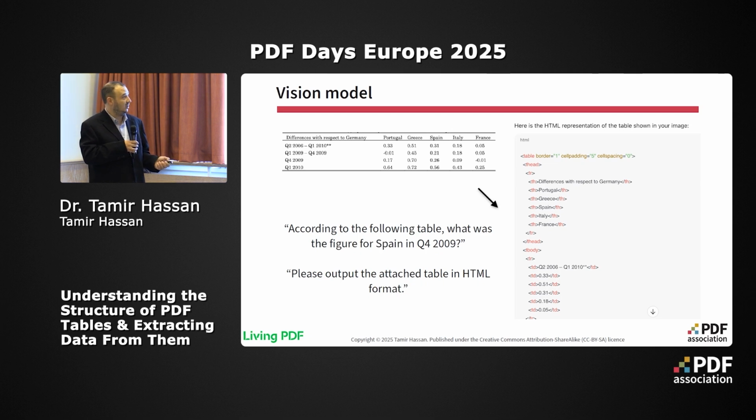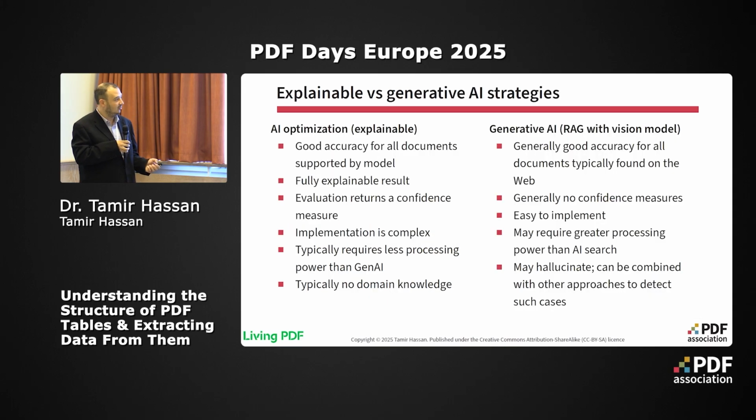And what it can even do is convert to HTML and give you a structured table, at least for certain tables. So how do we know that what we have is correct? We can still use the evaluation model that I explained a few slides ago to try and check whether the generative AI is actually giving us a good result or not.